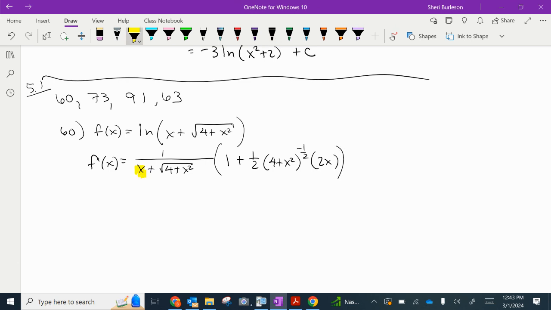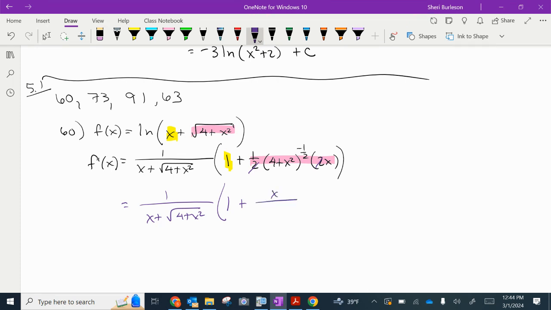Derivative of x, and then the derivative of the square root. So you're taking the derivative of the natural log function, which puts it in the denominator. And then the 2's reduce.